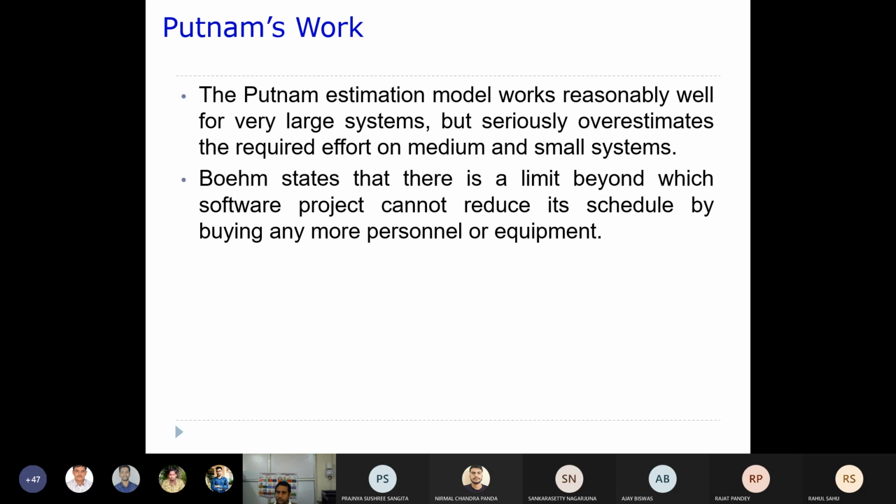Even if you have more human resources, technical people, even if you have more equipment, still you cannot reduce. Why can you not reduce to whatever extent we want? Can anyone tell me?